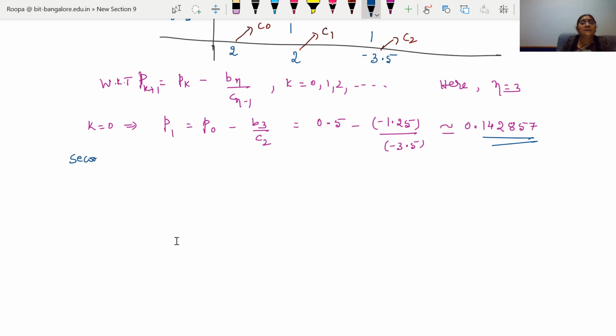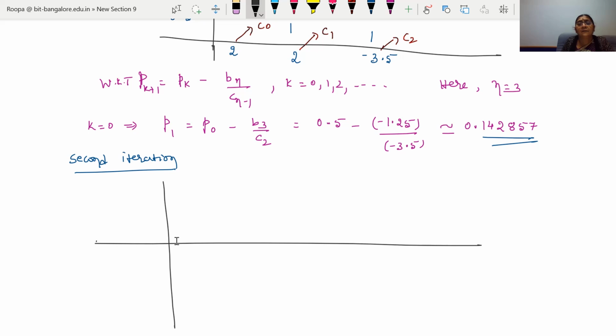Second iteration, we are going to write a table now. I have to substitute the values.